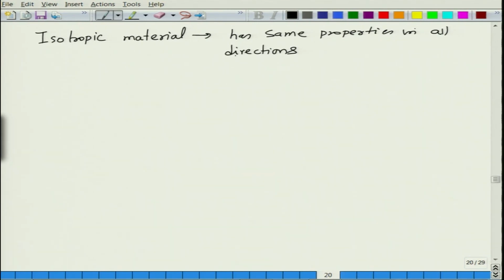Now, let us say you take a piece of material, this is x direction, this is y direction, and you apply a uniaxial stress.